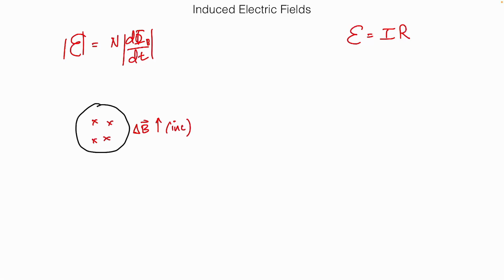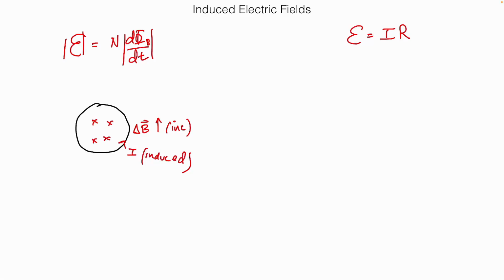So if the flux is increasing pointed into the screen, what does Lenz's law have to say about that? An increase into means I'm going to increase out. So I hold my thumb out, my fingers wrap around in the counterclockwise direction, and I have this current that's induced. Same difference. Induced, there we go, okay.